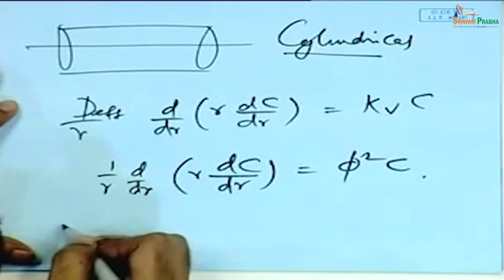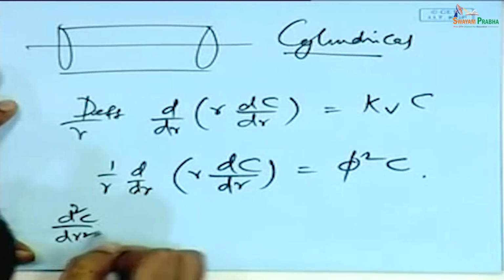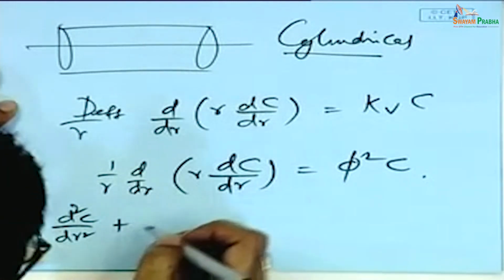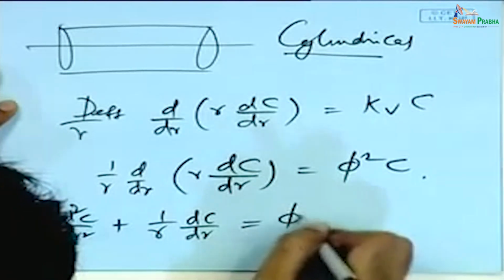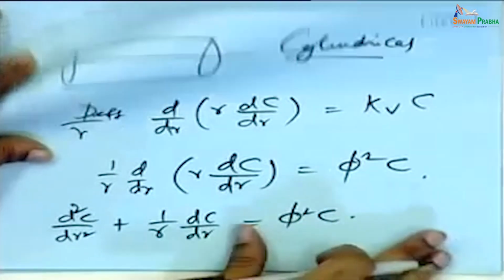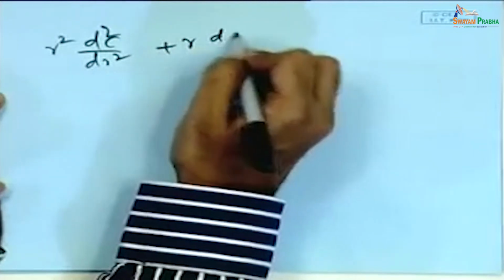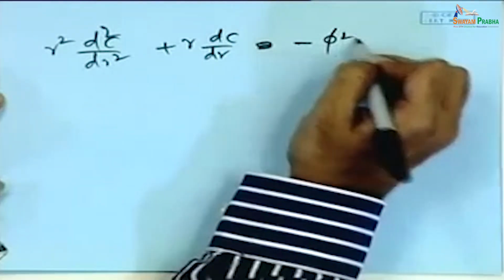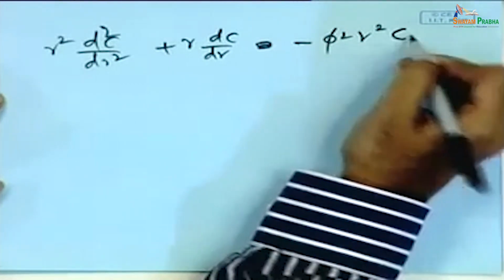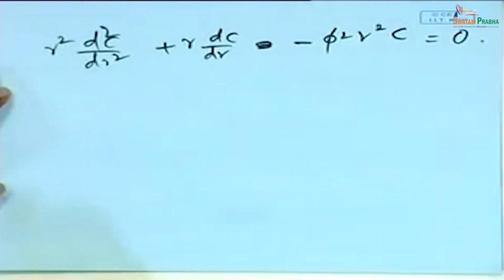So this you can write as del 2C del r square plus 1 over r del C del R equals phi square times C. Multiply this by r square on both sides, then you will have r square del 2C del R square plus r del C del R minus phi square r square C equals 0.